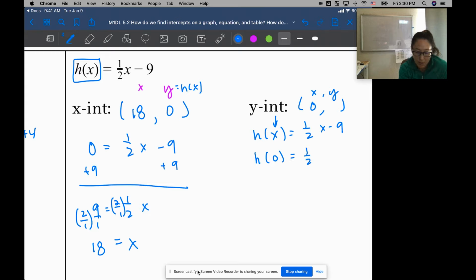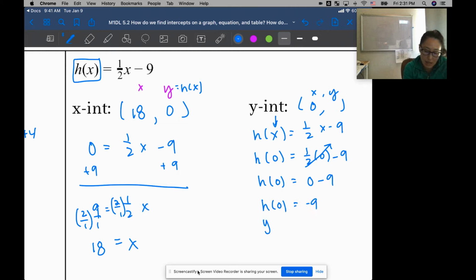So I get 1/2 times 0 minus 9. 1/2 times 0 is 0. So I get 0 minus 9. So h of 0 is equal to -9. Again, this is y right here. This means y when x is equal to 0. So the y when x is equal to 0 is -9.